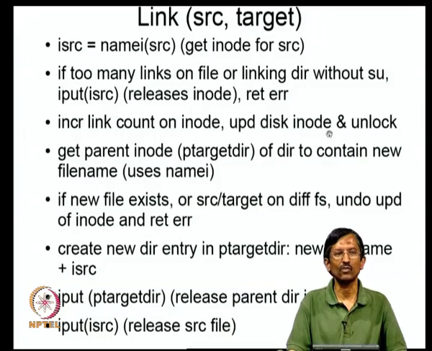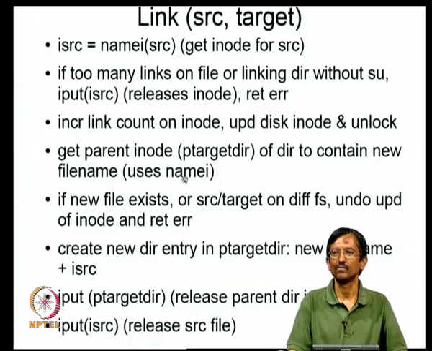So as long as we assume that there is an FSCK which can track every single pointer on disk and then count the number of references, this is a safe thing to do. Okay. So it increments the link count on the inode, updates the disk inode and unlocks. Okay. Now why does it do unlock here? Because I am going to do now another namei.